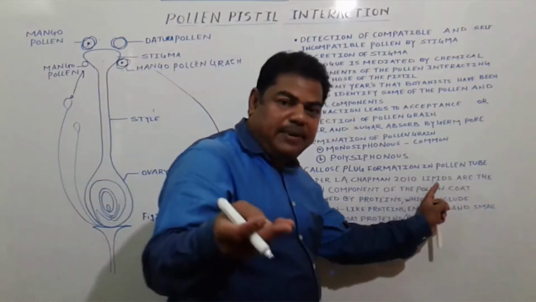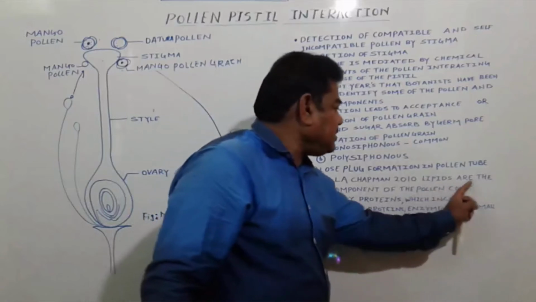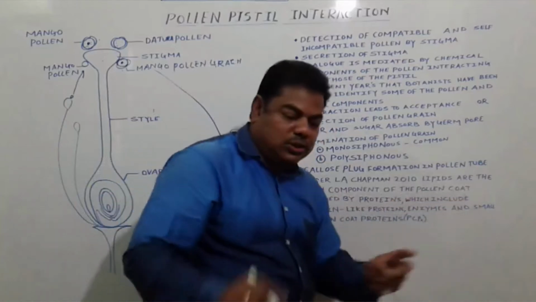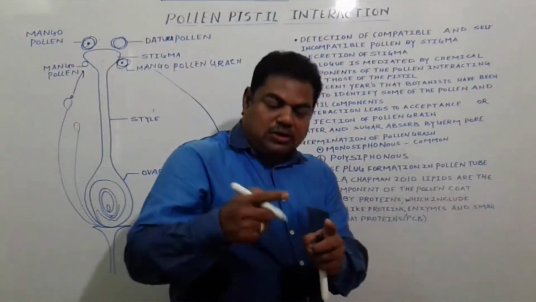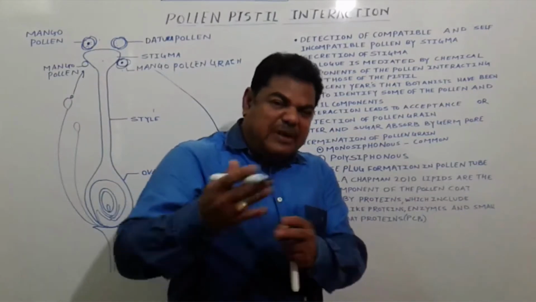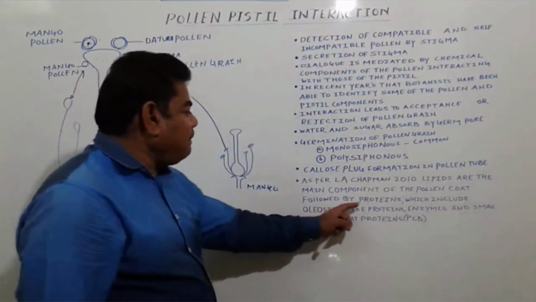lipids, oily material, are the main components of the pollen coat. The pollen coat is made up of exine and intine, in which the lipids that are present are the main components, followed by proteins.